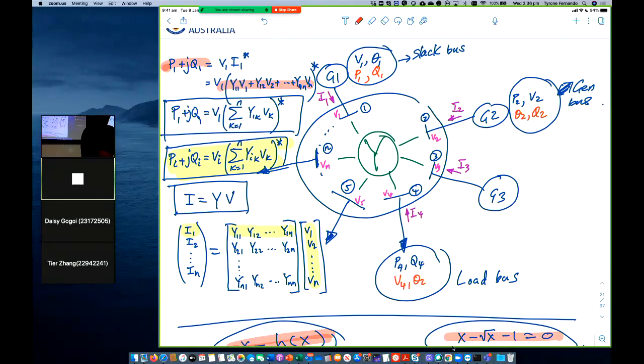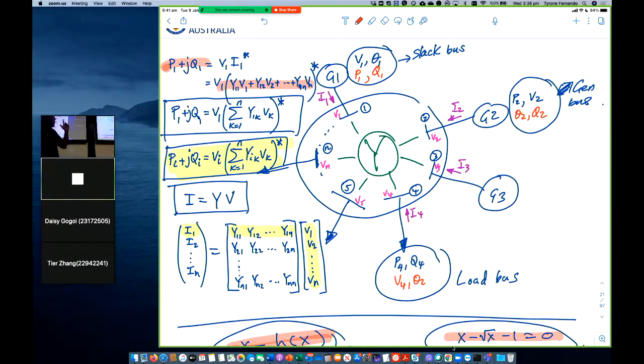Notice the notation that we are using. The current I2, which I've drawn in purple, is the current that is injected from the generator into node 2. I've also marked V2 in purple, the voltage at node number 2. And next to G2, I've written P2, V2, and Q2 and theta 2.